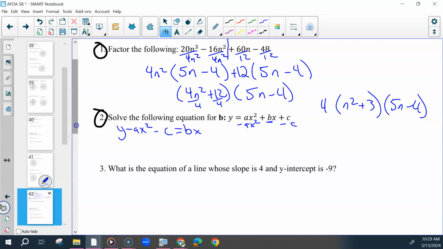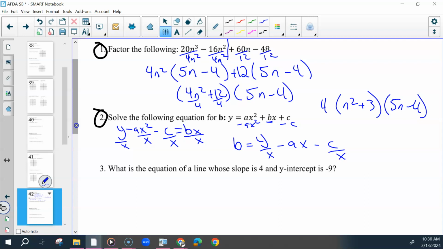Then to get b by itself, we have to divide this by x. And because this would simplify, we're going to divide separately. So that b would equal y over x minus ax, because one of the x's would cancel, minus c over x.